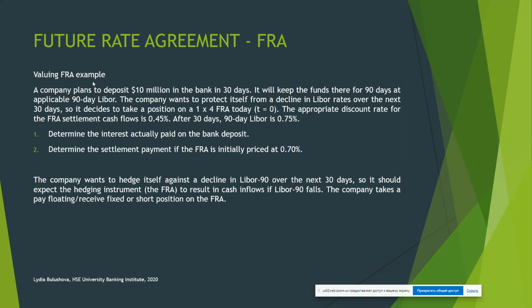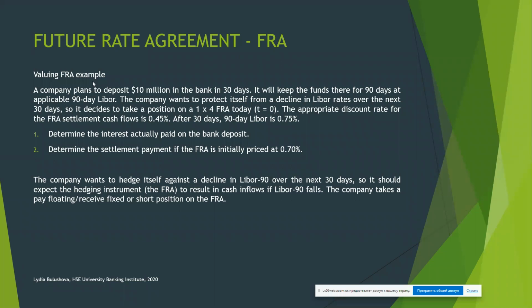The company wants to protect themselves from a decline in the LIBOR rate over the next 30 days. Sounds reasonable, right? So they are quite comfortable with the existing LIBOR rate, but they are afraid that in 30 days the LIBOR rate is going to decline and then they will lose money.